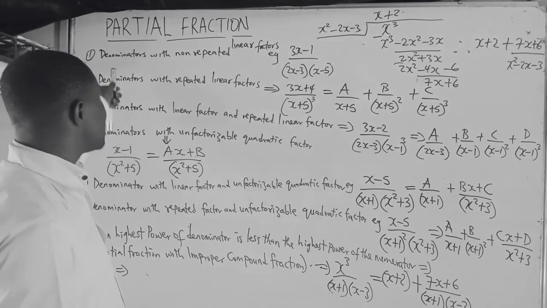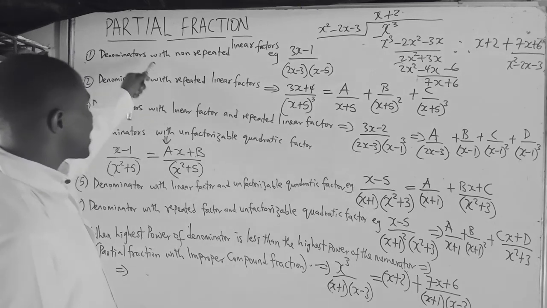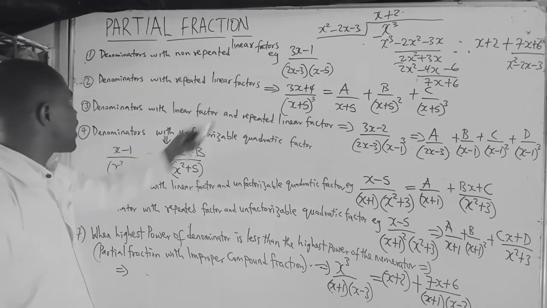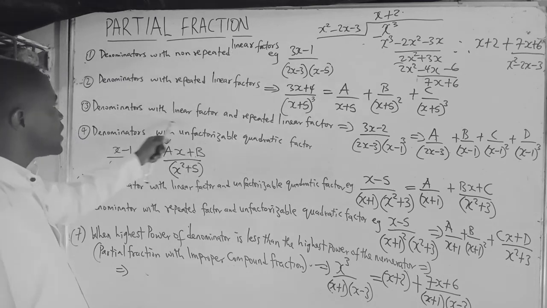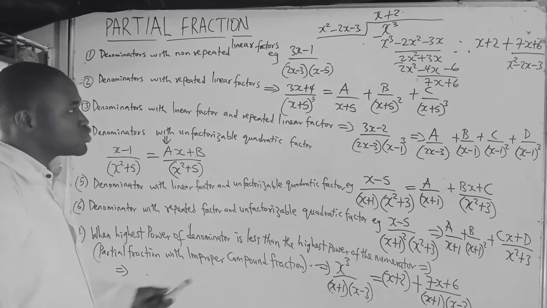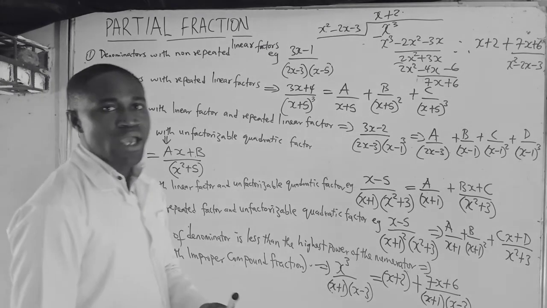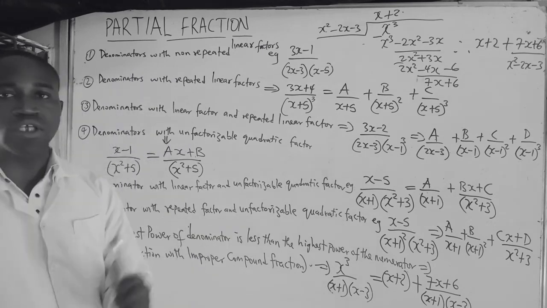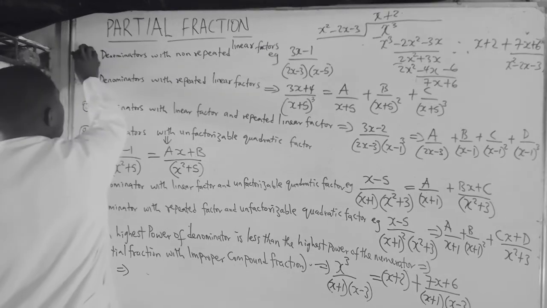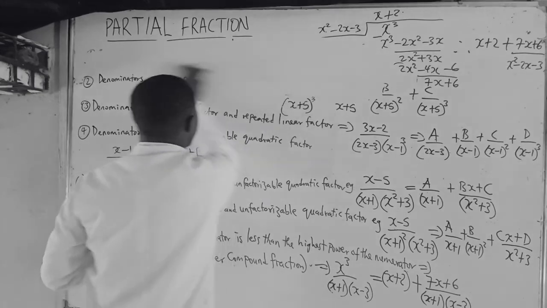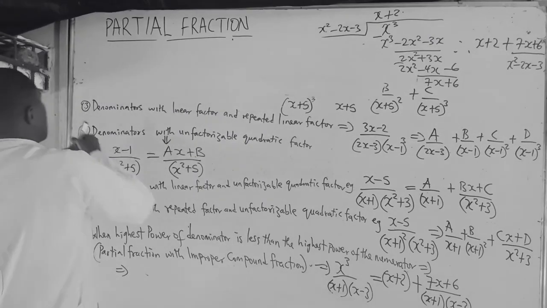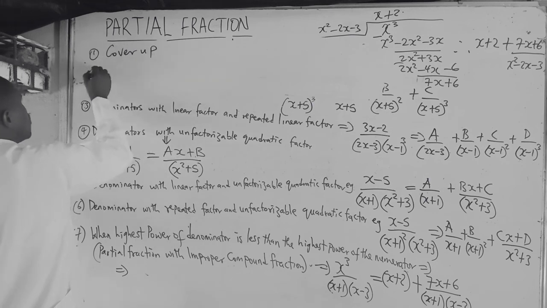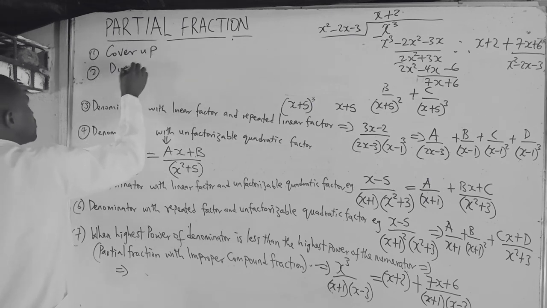So these are ways you can remember: the nature of partial fraction you will have depends on the nature of the denominators. Denominators can have non-repeated linear factors, repeated linear factors, a linear factor and a repeated linear factor, and so on. There are three methods you can use to resolve partial fractions. One, cover-up method. Two, direct substitution.